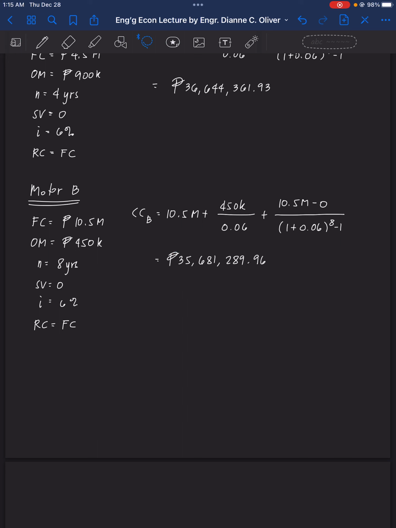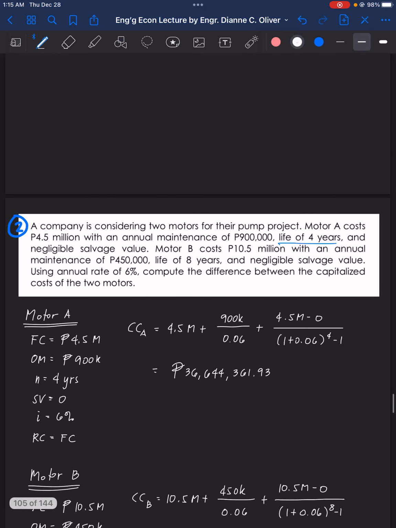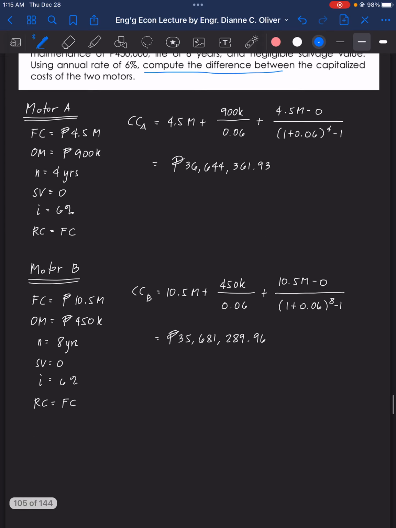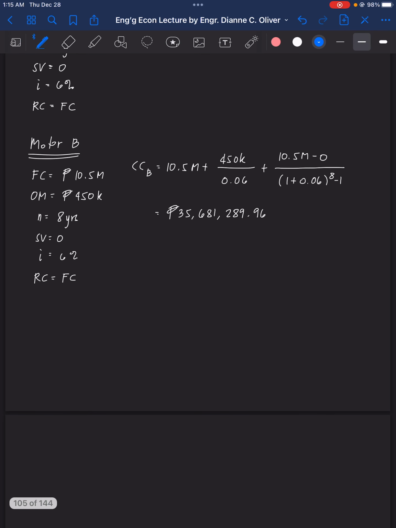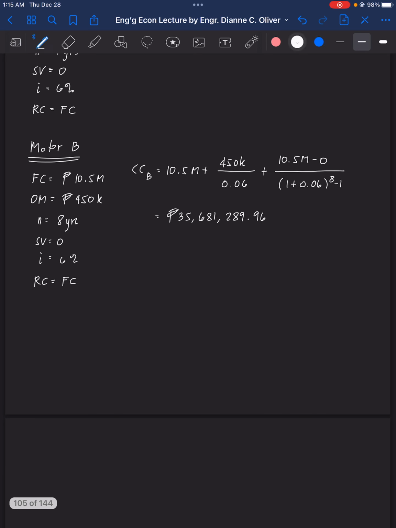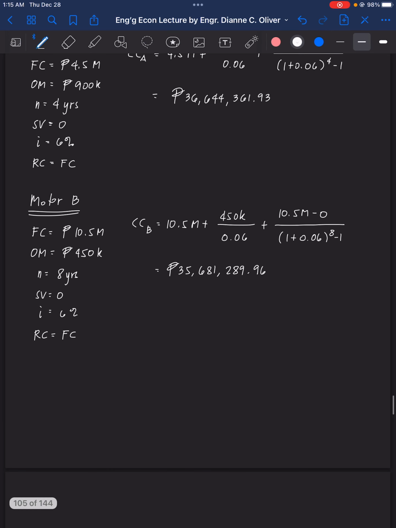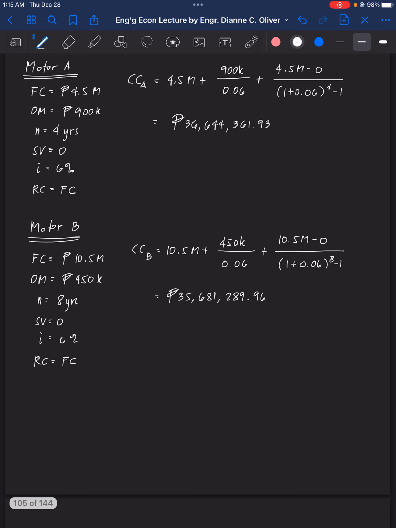So what's the question again? The required here is, compute the difference between the capitalized cost of the two motors. Therefore, we're looking for CCA minus CCB.